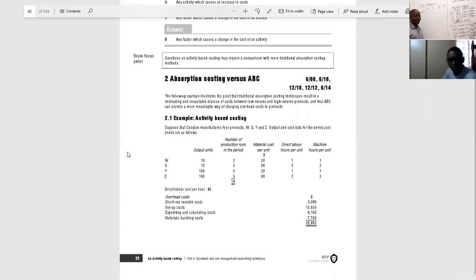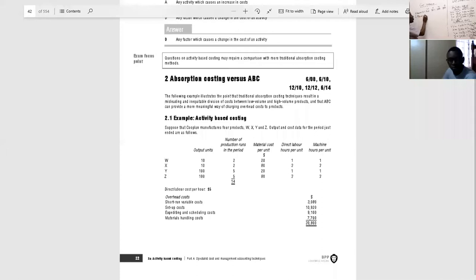For W, 200. How about X? 800. How about Y? 2000. Z? 8,000. Then from there we had labor.